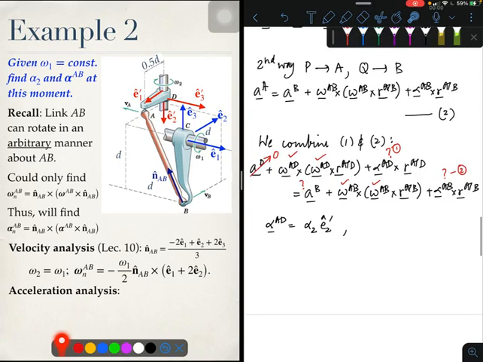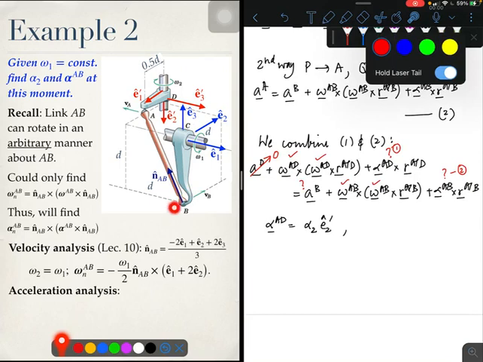Where is that information? That information is actually staring us in the face, because B is also a point on the link BC, and we know everything about link BC.